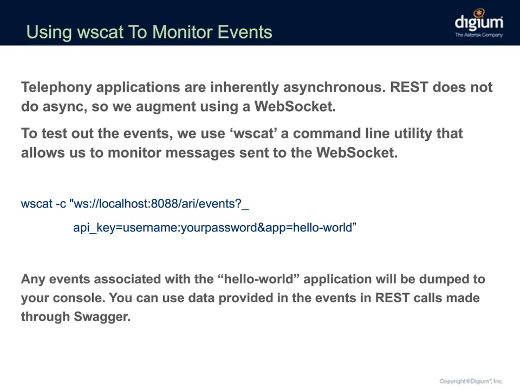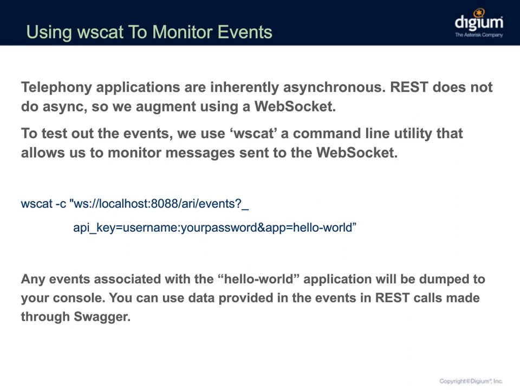You can install that in a number of different ways, and if you want to, you can use npm install wscat. And in some cases, it's probably pre-built for various operating systems, so you'll want to perhaps use apt-get install wscat. In this case, what you see in the actual command line there is the asterisk URL again, so WebSocket://localhost:8088/ARI/ and then the API that we're invoking here is events.